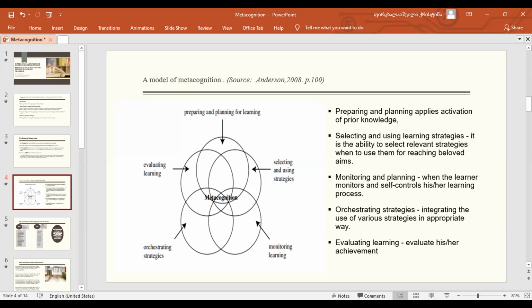Selecting and using learning strategies is the ability to select relevant strategies and when to use them for reaching desired aims. Of course, they need to choose which strategy is better for this or that situation, and then follow it. Monitoring means that the learner self-controls his or her learning process.